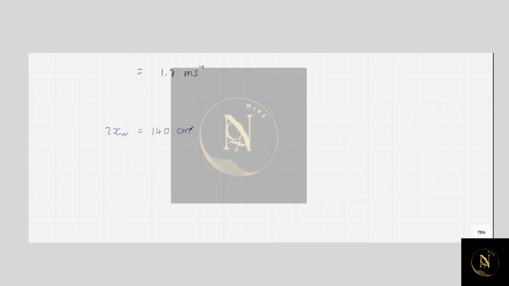This will be traversed by the particle in 0.82 seconds, since v2f is 1.7 meters per second, we get t to be 0.82 seconds. At this time, we can find the position at which particle 1 is located.